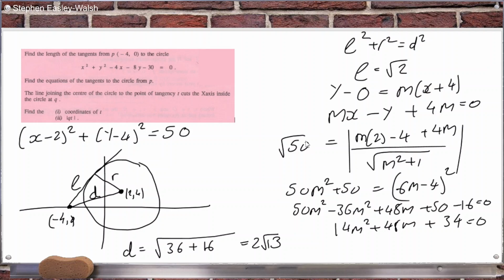Cross multiply and square. 50m squared plus 50. And that's m squared plus 1. What have I done wrong?